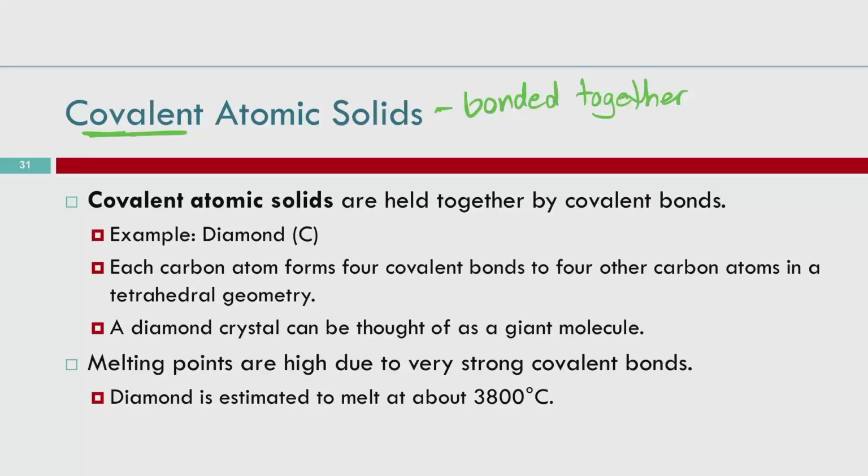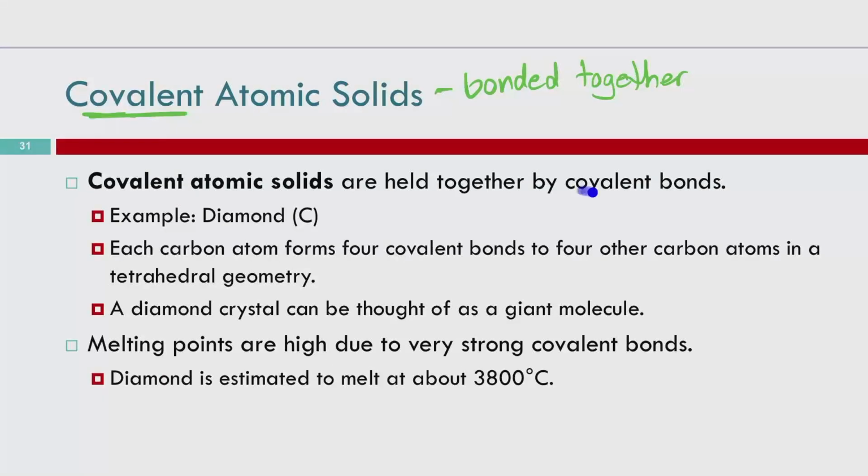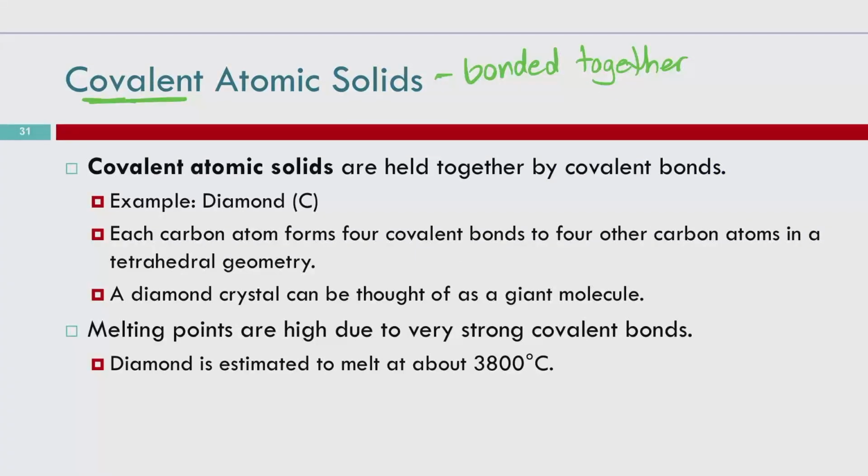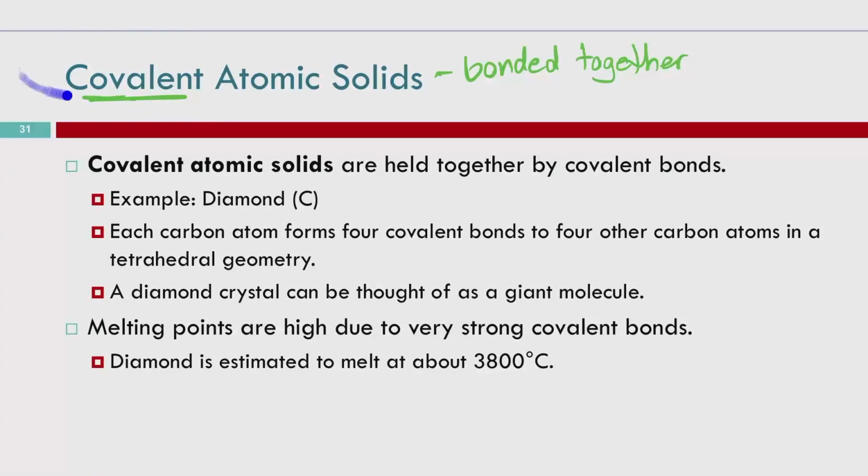They're sharing electrons with their neighbors, so they're bonded in all directions, and covalent bonds are really strong, way stronger than intermolecular forces, are dispersion, dipole-dipole, and hydrogen bonding. And so our covalent atomic solids, because they're bonded together with covalent bonds, are going to have high melting points because covalent bonds are very strong.